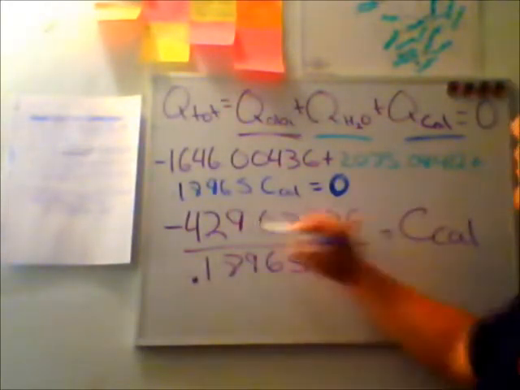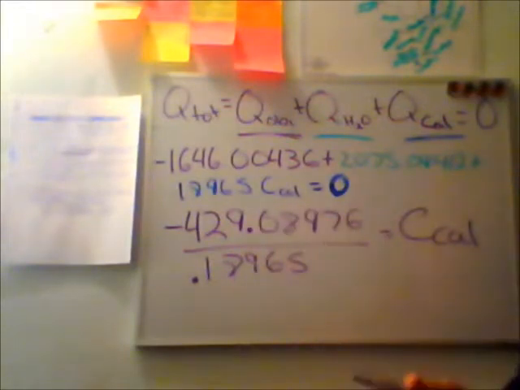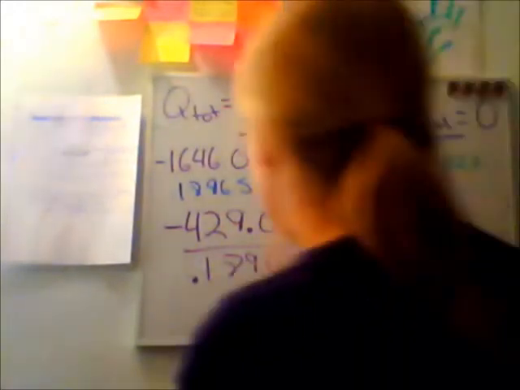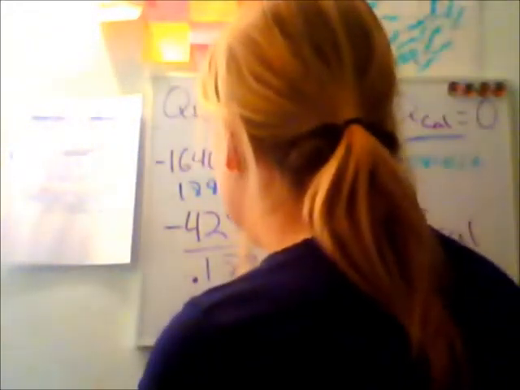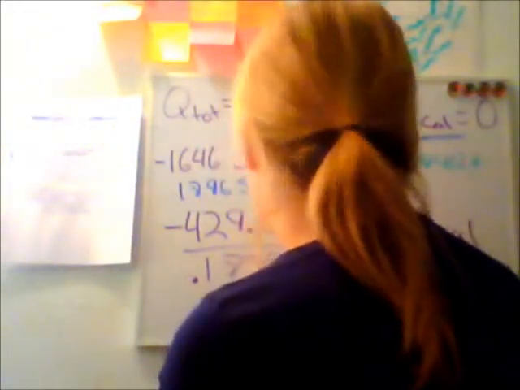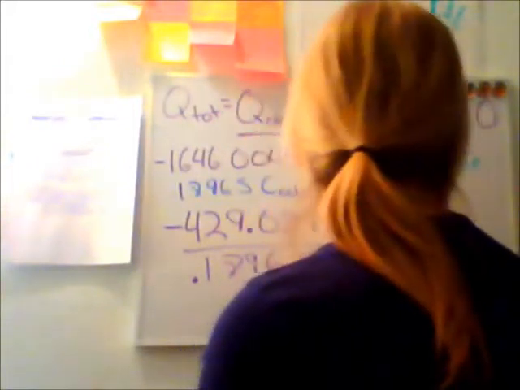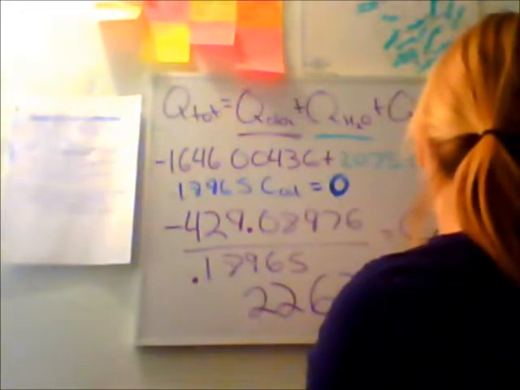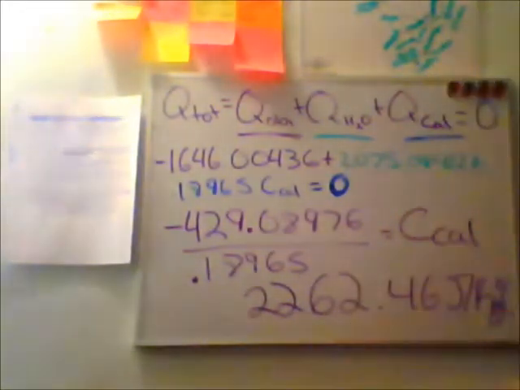There's also a decimal point here. That is negative 429.08976 over 0.18965, which equals 2262.46 joules per kilogram degrees Celsius. Okay, didn't leave myself enough room to write over here. So that cluster is just kilogram degrees Celsius.